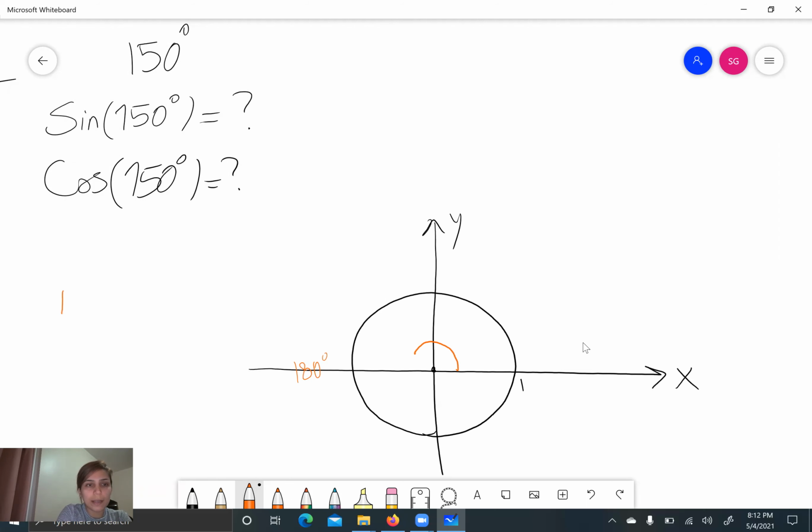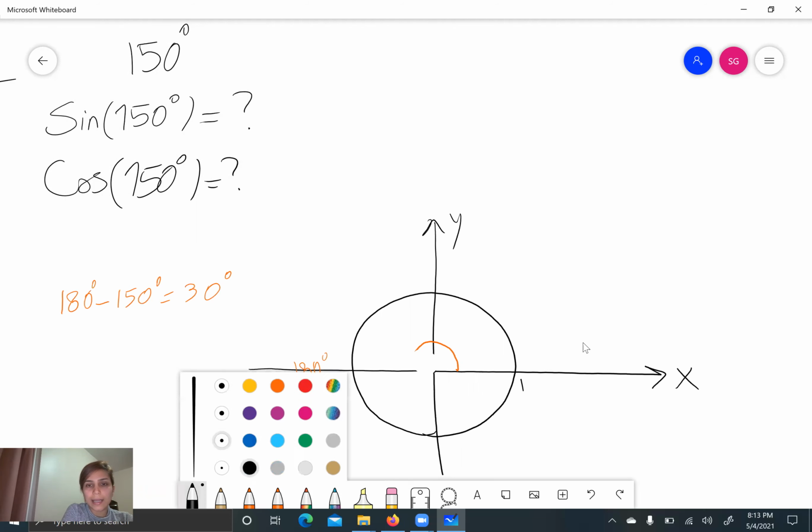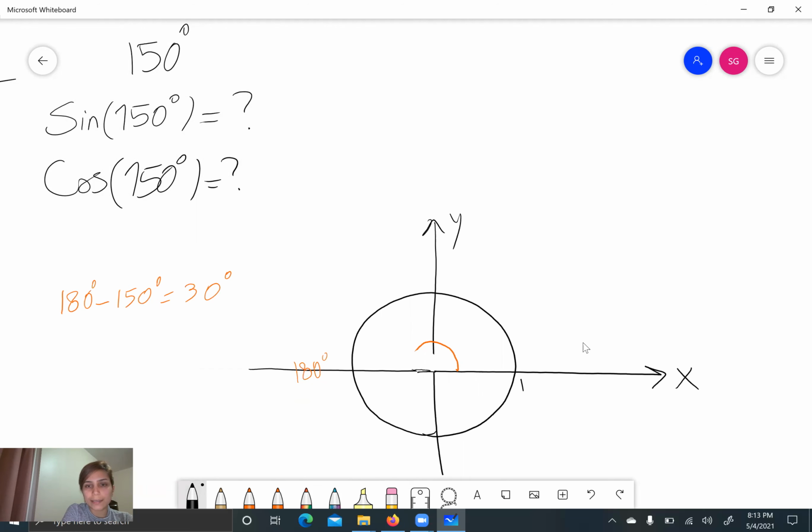If I subtract 150 from 180, I get 30 degrees. So I should stop when there is still 30 degrees left to reach the x-axis. I'm going to draw it here. So this is 30 degrees.